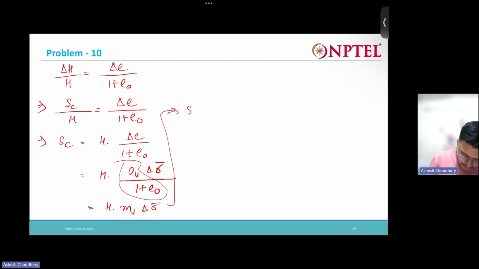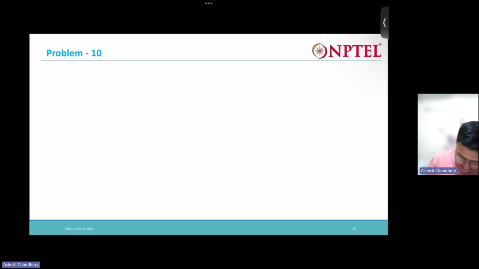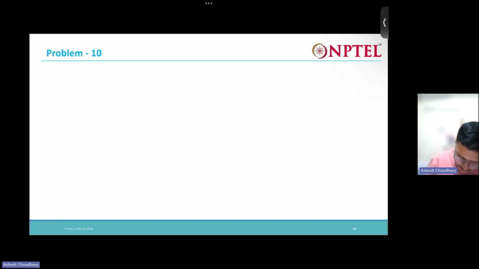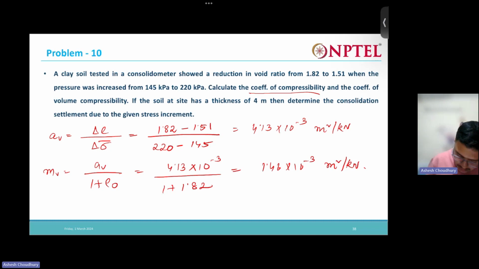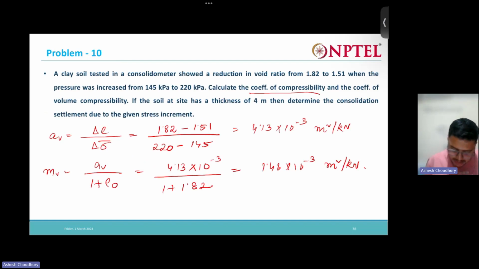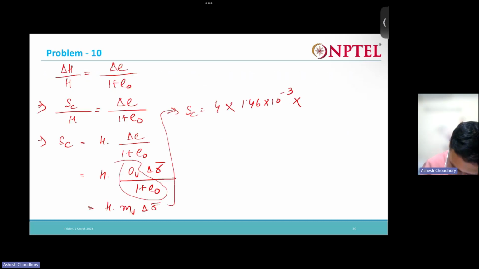What is H? 4 meter. What is MV? 1.46 into 10 to the power minus 3 meter square per kilonewton. What is the change in stress? 145 to 220. So 220 minus 145.